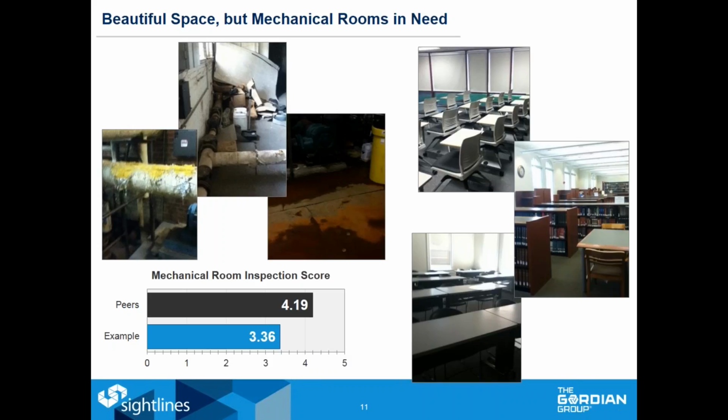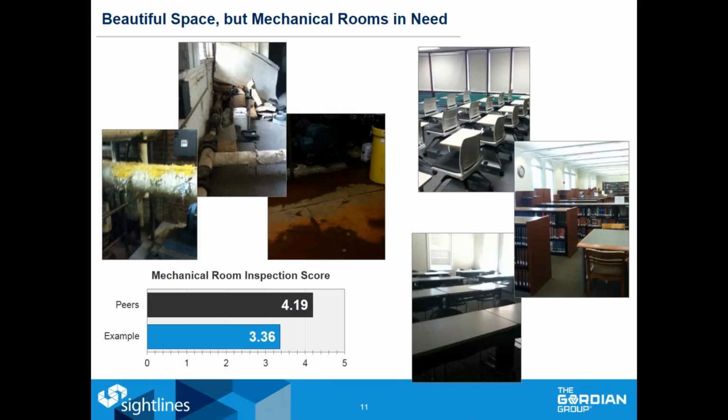But all of that was coming at the expense of keeping up with their building systems, which we show on the left. During mechanical room inspections, we found that this institution against peers was scoring far lower on the condition of their mechanical spaces because they had not been investing the necessary dollars to maintain their HVAC equipment.